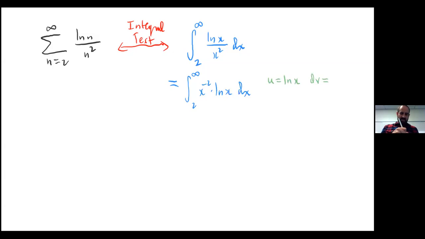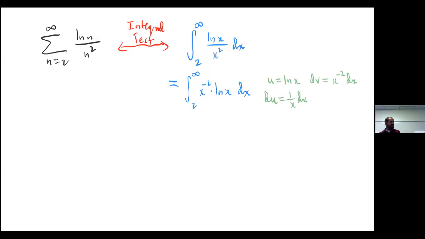And then dv is going to be x to the minus 2 dx. And then du, what's du? du is 1 over x dx.